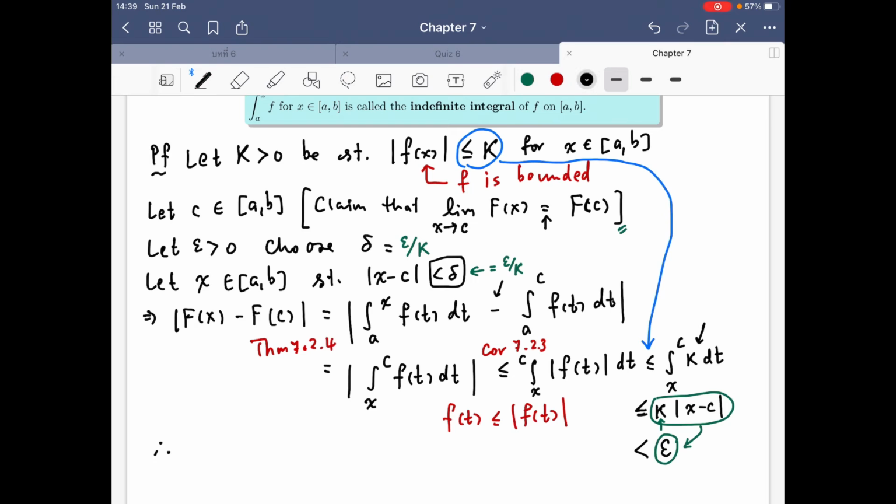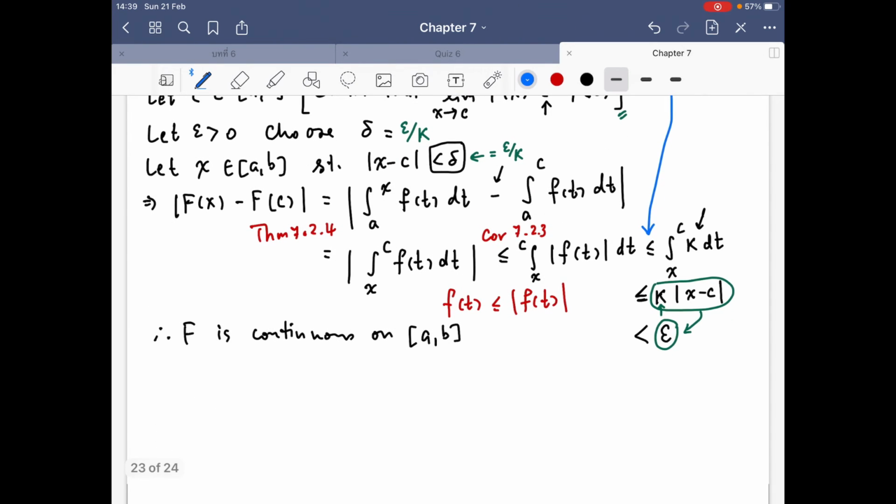So it means that capital F is actually continuous for each and every point on the closed interval from a to b. All right, so we must prove the second assertion. For the second assertion, we need to prove that capital F prime at c is actually small f at c.